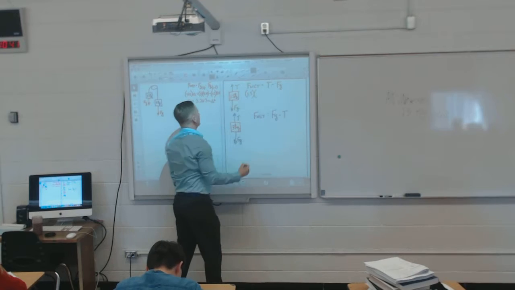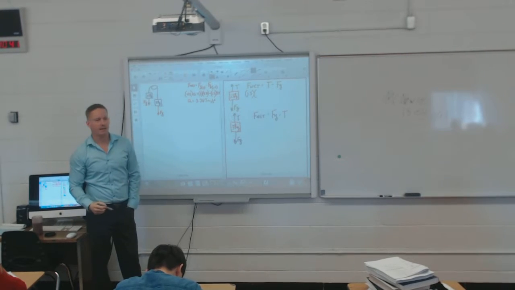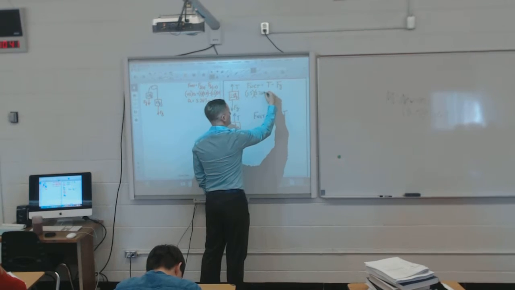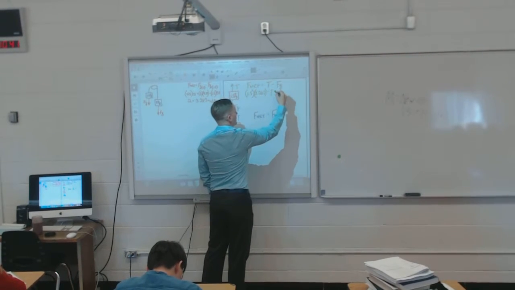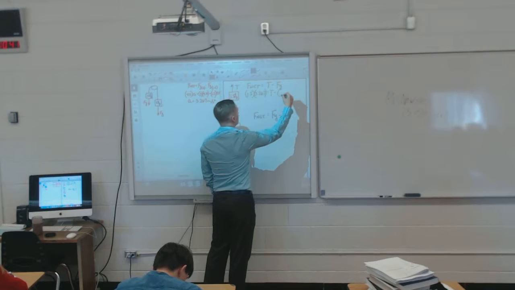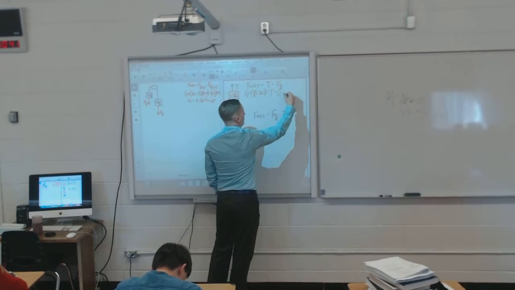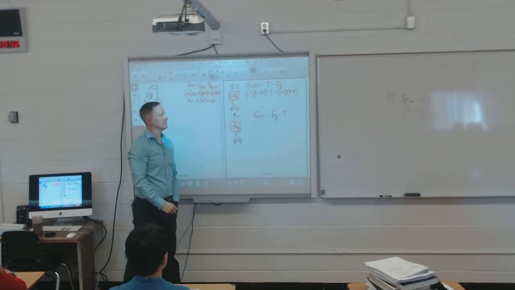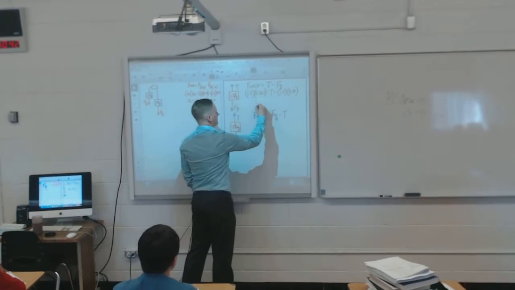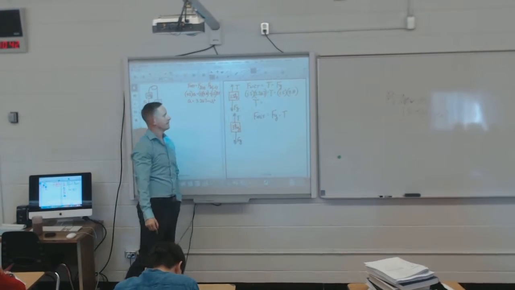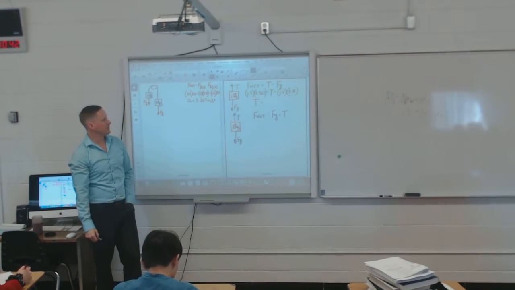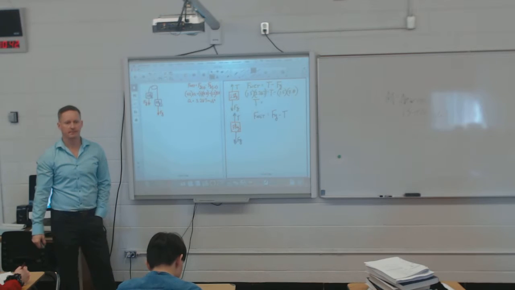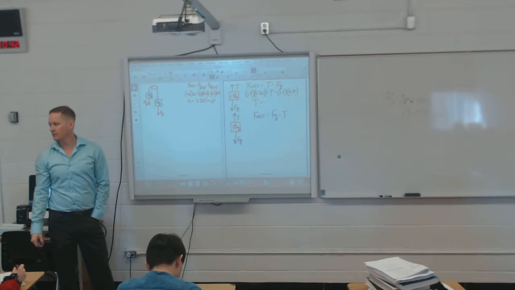So for the 1.5, what was the acceleration of this one? 3.267 equals the tension minus the force of gravity of it, which is 1.5 times 9.8. So calculate your tension: 1.5 times 3.267 add 1.5 times 9.8.